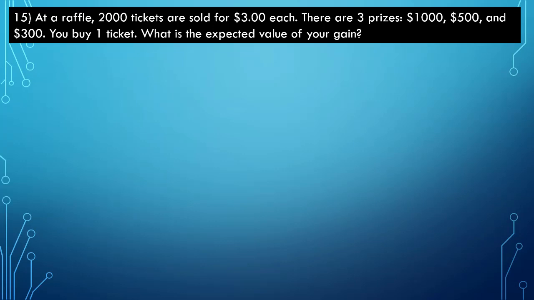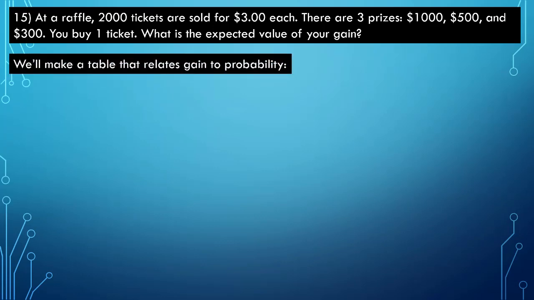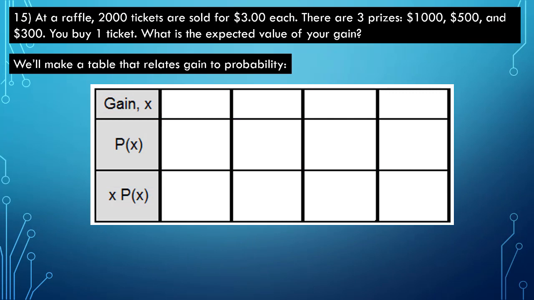So I would have to subtract the ticket cost from the prize to figure out my gain. So we're going to make a little table that relates our gain to the probability for that gain. So the table will have the gain across the top, and then the probability. And then for us to find the expected value, we're going to have to multiply each gain to its probability and add those all up.